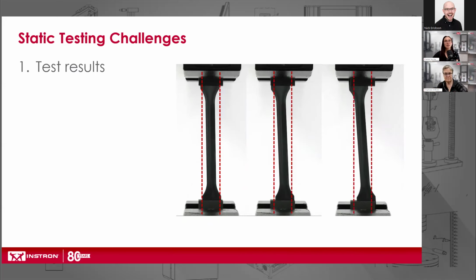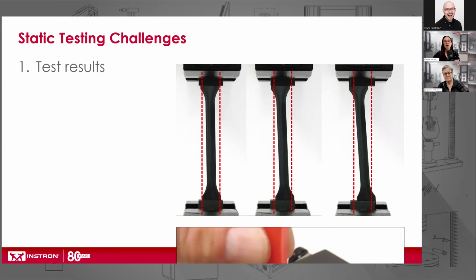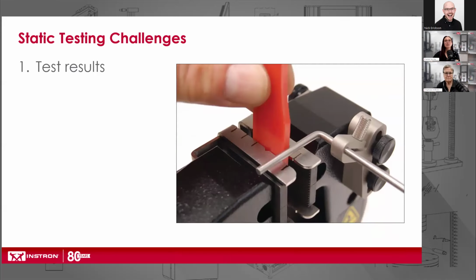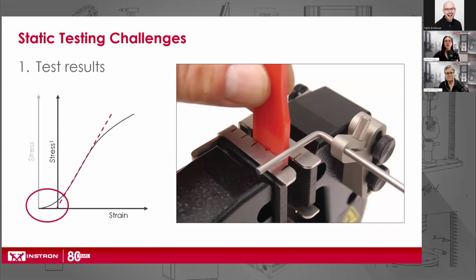Just by taking the time to visually align this within the grips, you're going to get significantly more accurate data. Something else that will help is adding something as simple as a specimen alignment device. Another crucial part of obtaining the correct test results is ensuring you have a preload within your method.